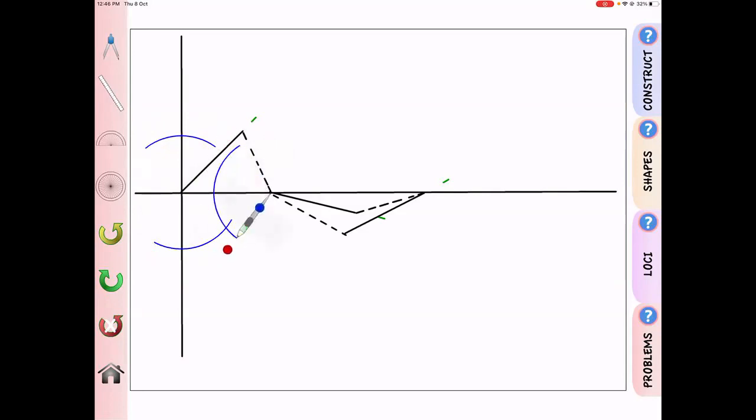Okay, let me draw from here and then draw from here. It doesn't cut, so I need to draw again here. Okay, so we can draw the midpoint here.